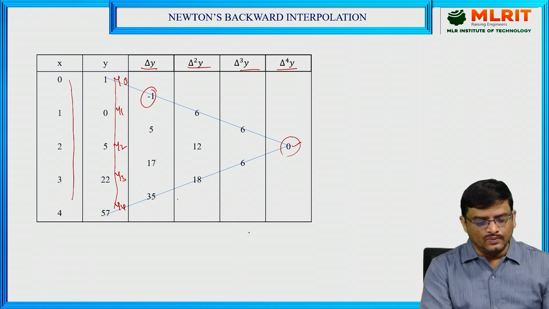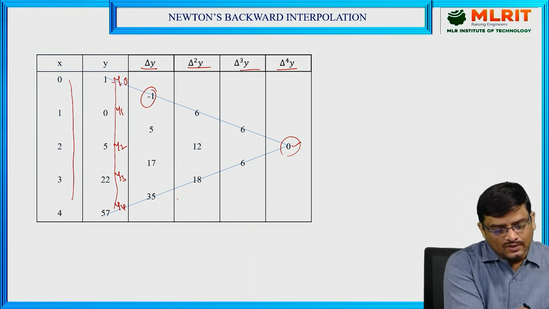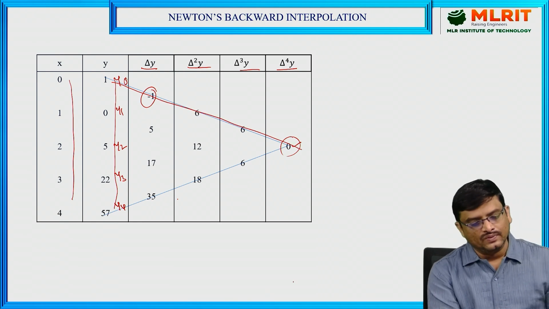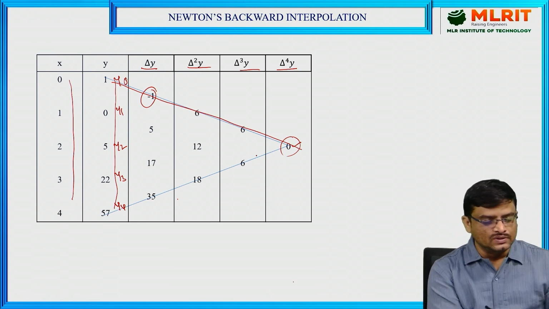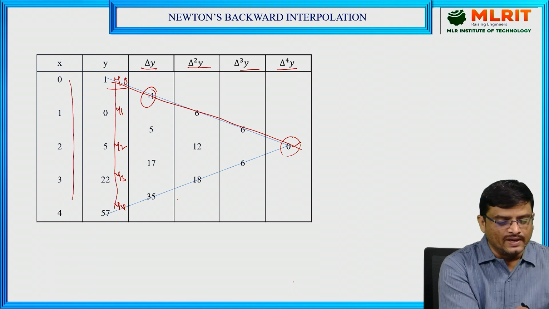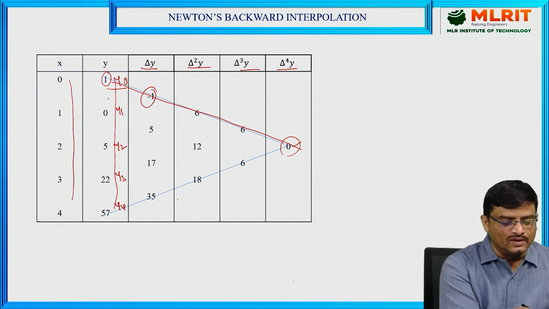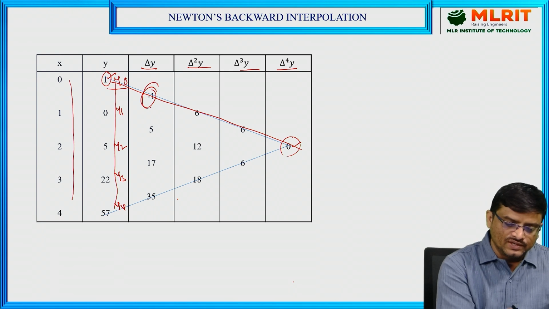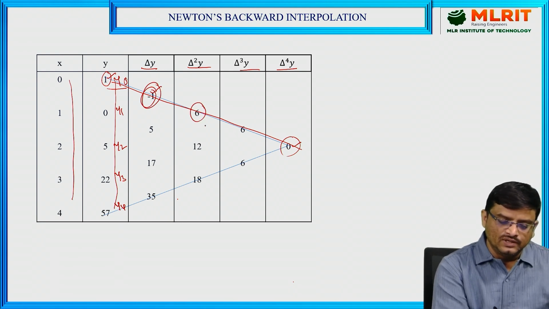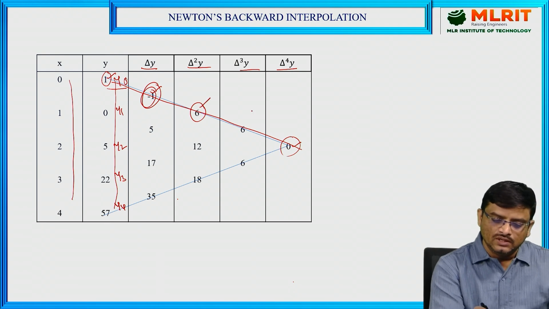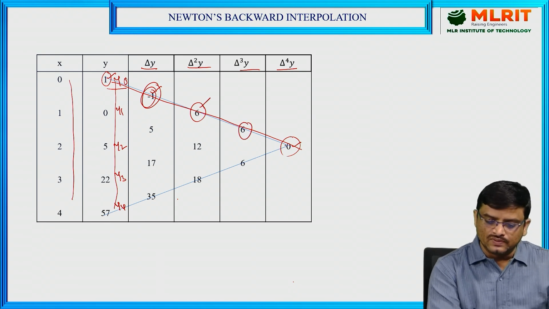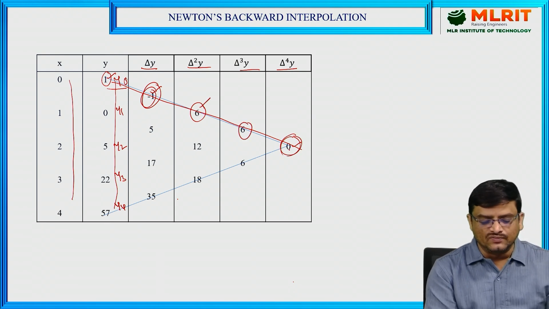So this is the table. Whenever you apply Newton's forward interpolation, you take the beginning values of the respective columns: the first value in the y column as y naught, the first value in the first forward difference column, the first value in the second forward difference column, the first value in the next column, and in the last column you consider that value.